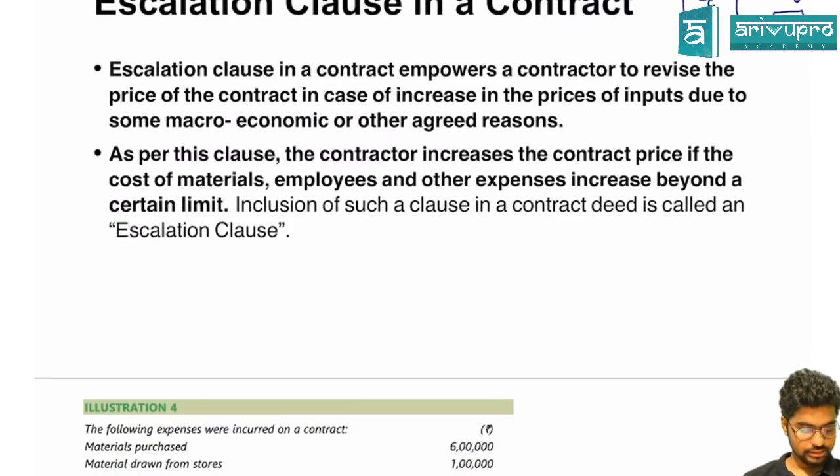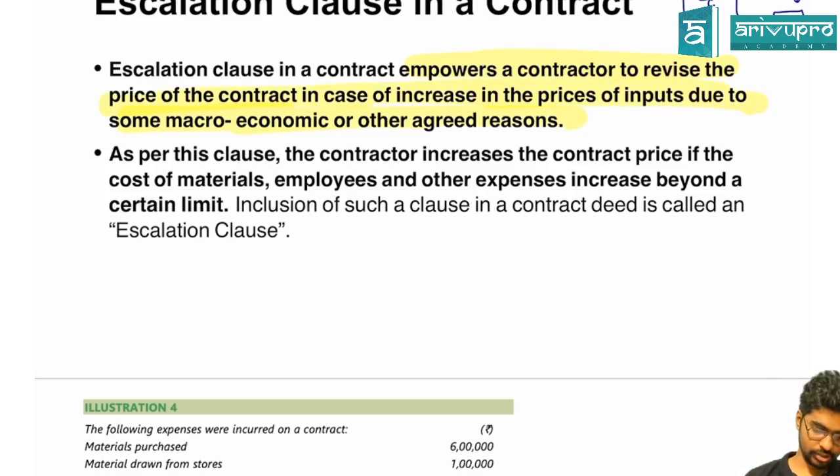Now, see here, what does it say? Let us read it. An escalation clause in a contract empowers a contractor to revise the price of the contract in case of an increase in prices due to some macroeconomic or other agreed reasons.